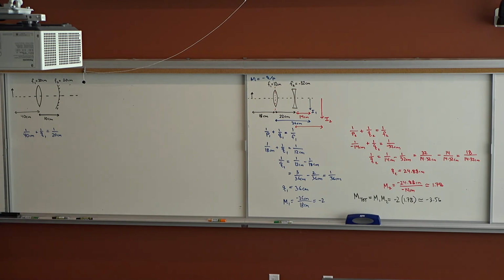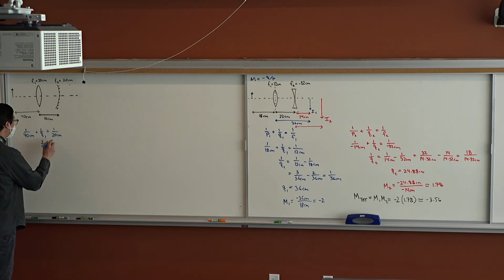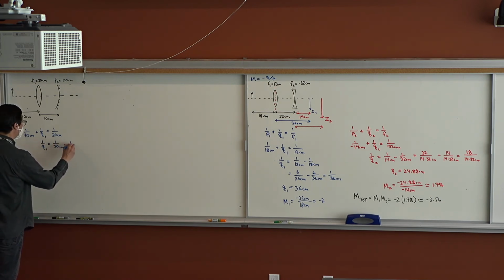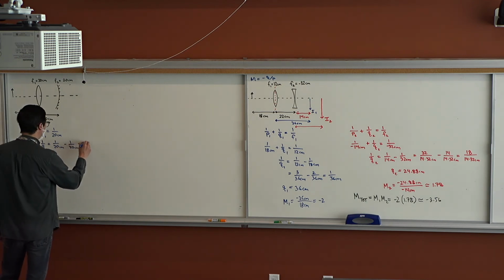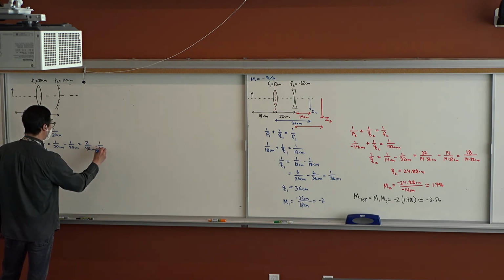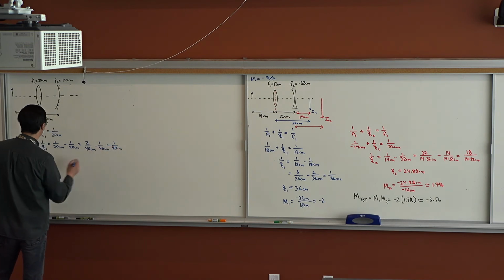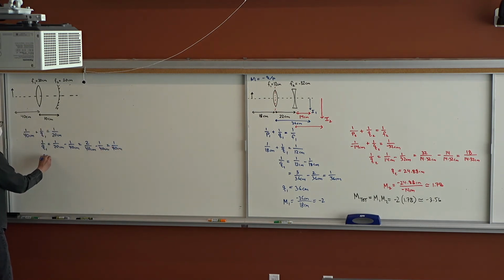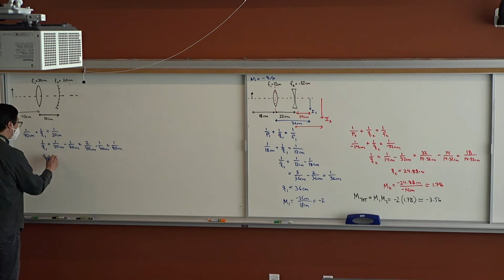And so 1 over Q1 is 1 over 20 centimeters minus 1 over 40 centimeters, which is 2 over 40 centimeters minus 1 over 40 centimeters, which is 1 over 40 centimeters. That tells me that Q1 should be 40 centimeters.